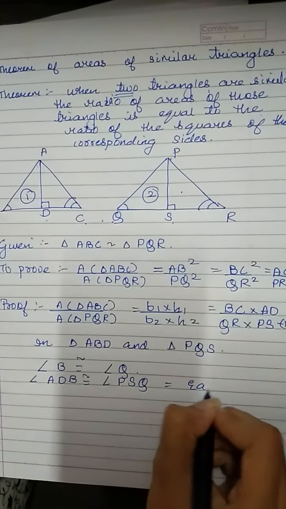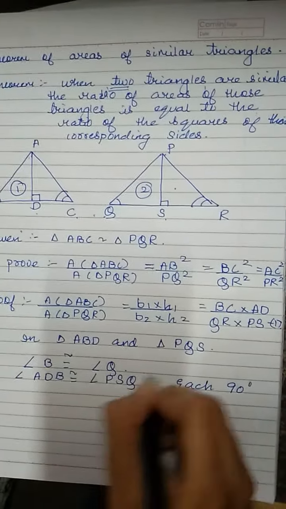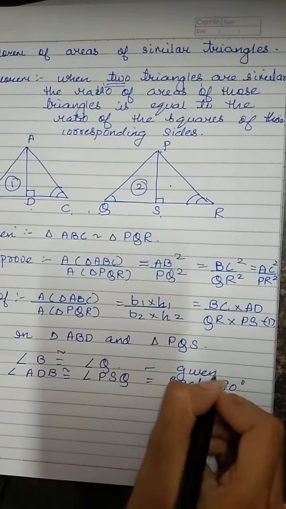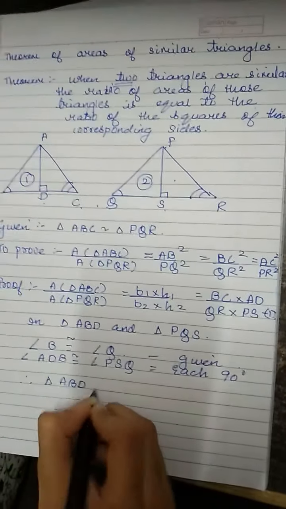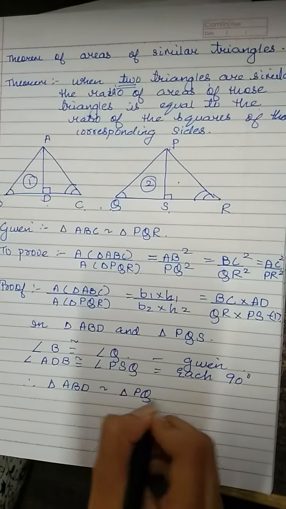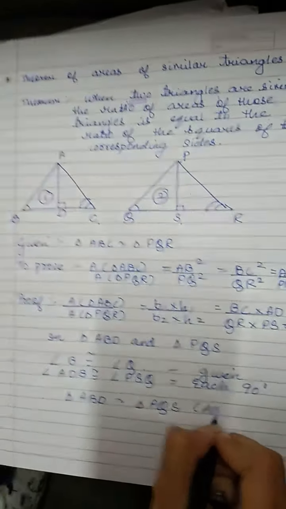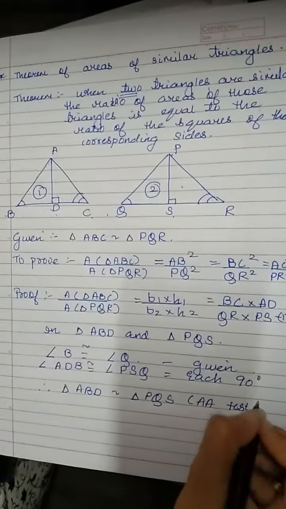Reason: each 90. Reason over here is given. Therefore triangle ABD is similar to triangle PQS by AA test.